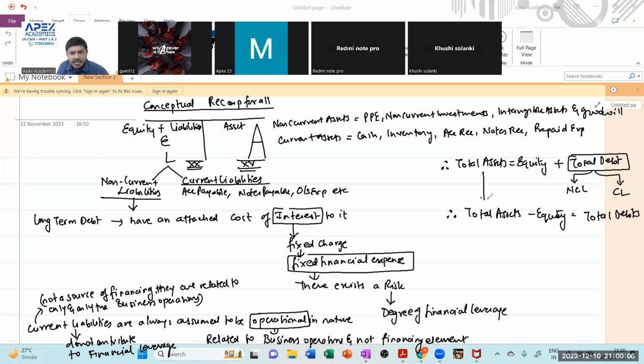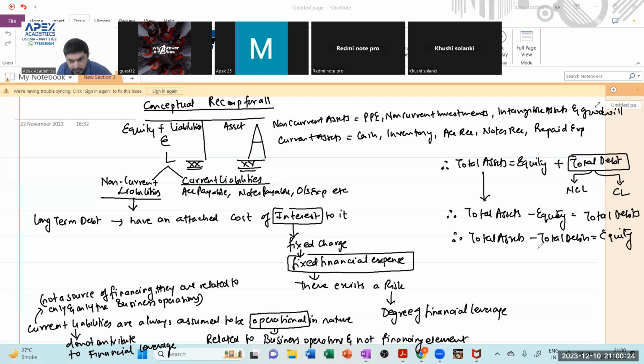Yes, I am just taking one thing to the other side. Therefore, I can also say that total assets minus total debt is equal to equity. Agreed or disagreed? Agreed? Basic equations.